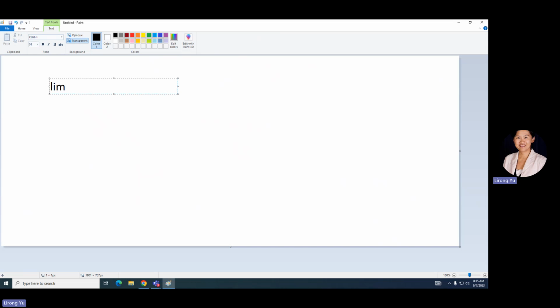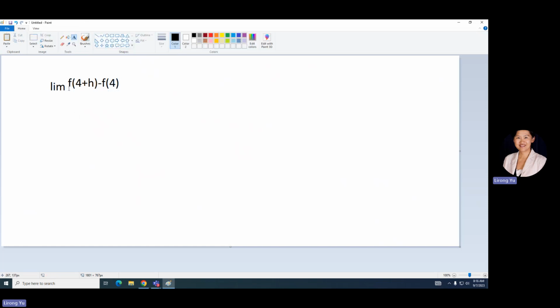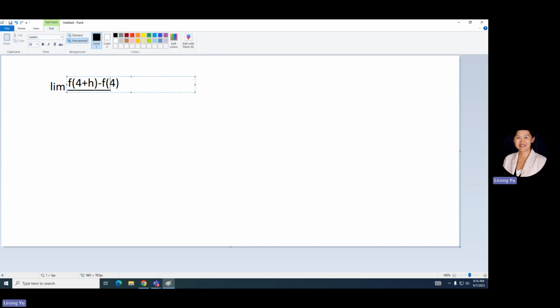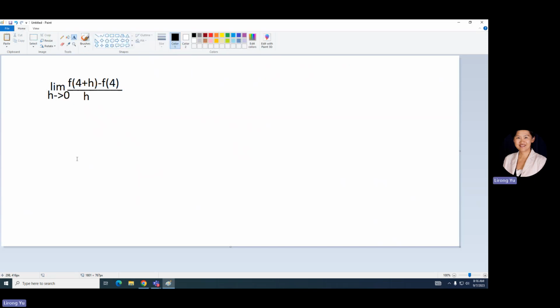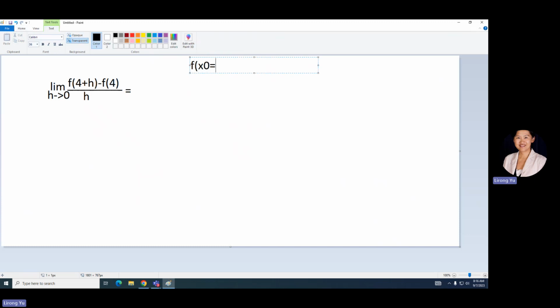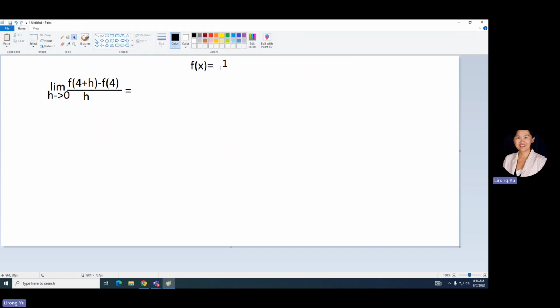We want to calculate the limit of f of 4 plus h minus f of 4, the subtraction of the y values, divided by h, as h approaches 0. That's the limit calculation we were supposed to do in question number 3. In order to write this out, we have to know what f of x is exactly. f of x is defined as 1 divided by x minus 2.